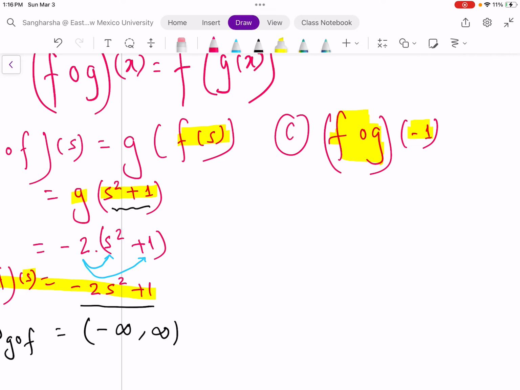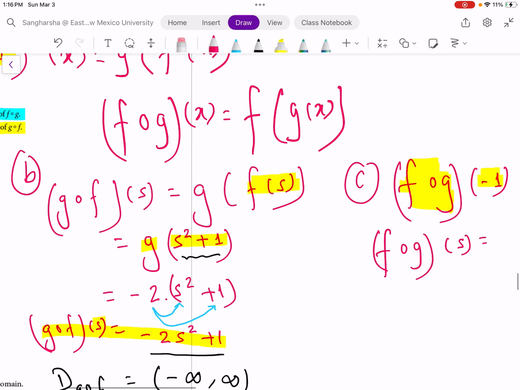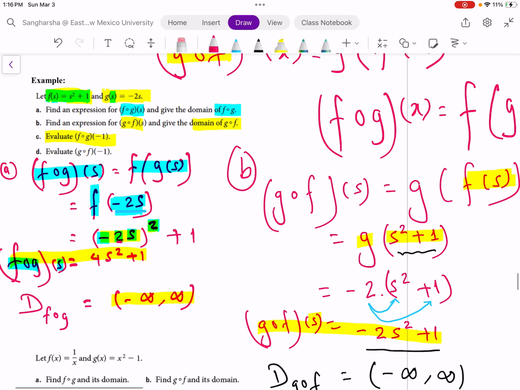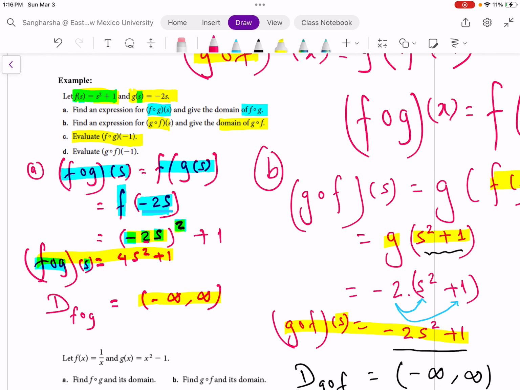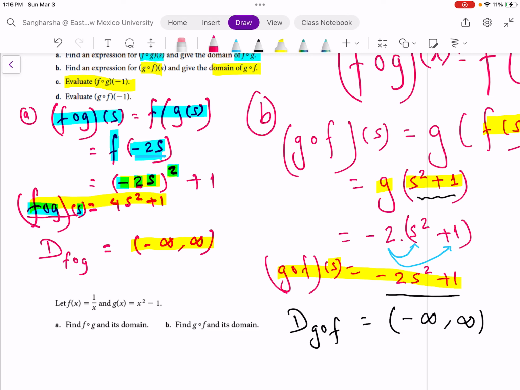At first, let's write what f composite g of s equals. If we go back to number A, we calculated f composite g there.